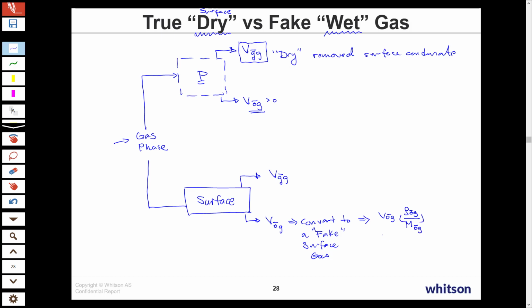And what that does is that turns that into the moles of the well stream that was processed, the gas well stream that was processed. It converts this surface condensate into a molar quantity.